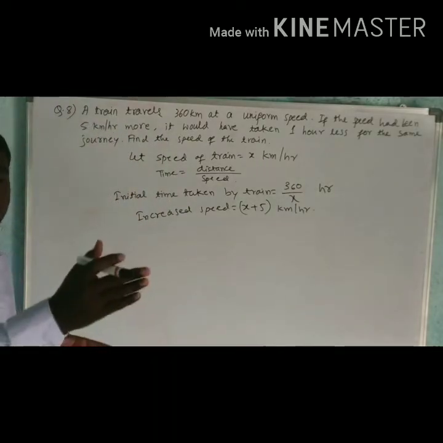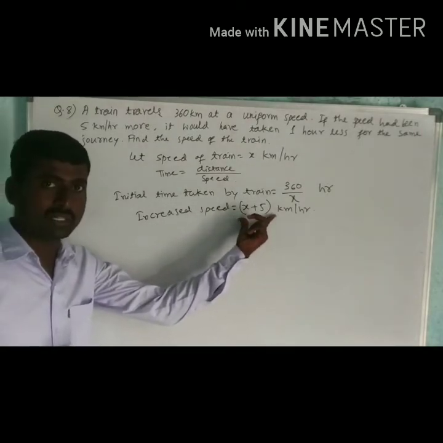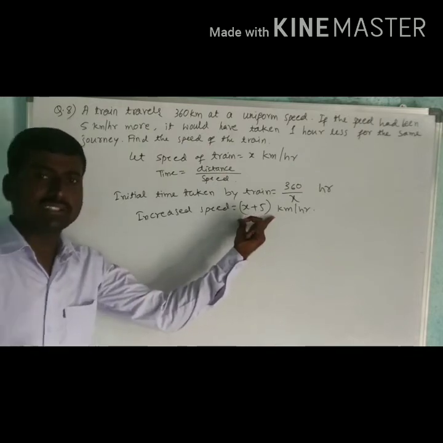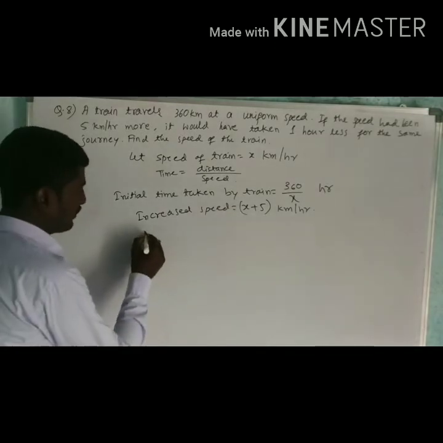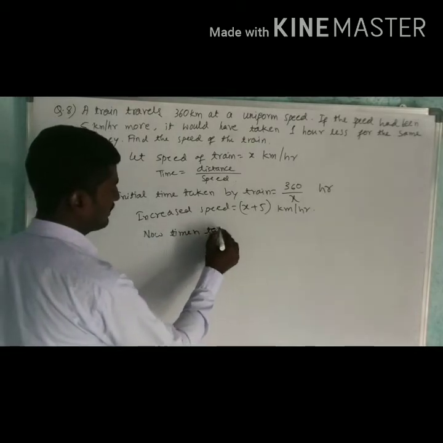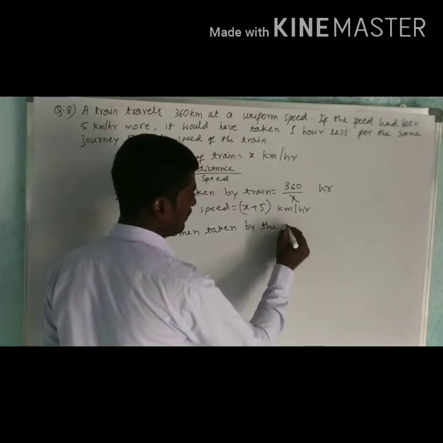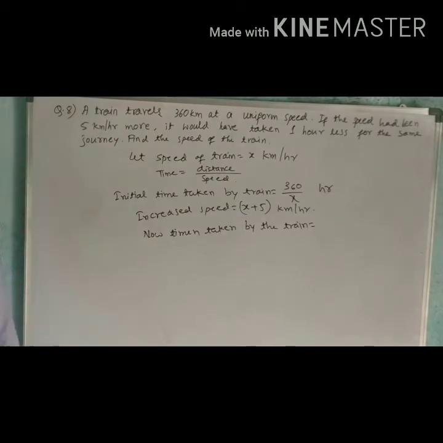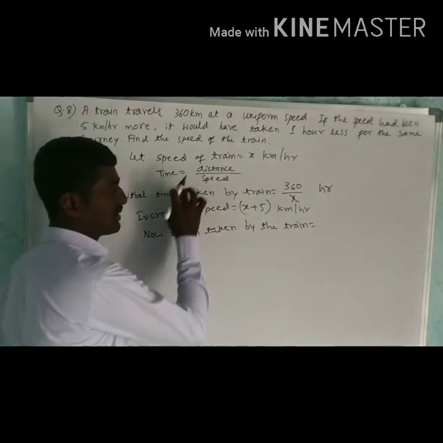Now the second time the train is moving with x plus 5 km per hour speed. Now what is the time taken by the train, second time, means after increasing the speed? Time taken by the train is equal to, for the same journey, means to cover the same distance, distance by speed will give us time.